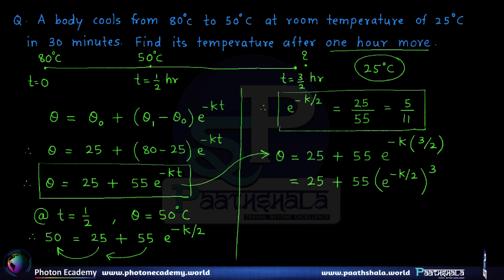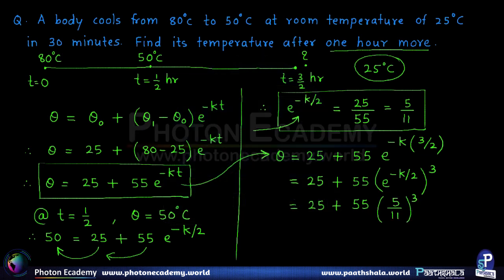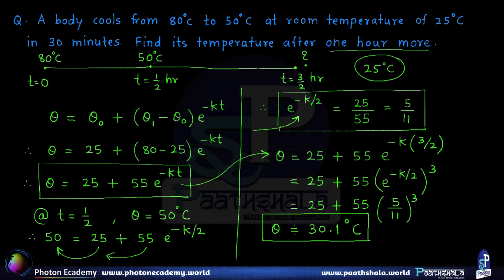This is because we already know the value of the expression e raised to minus k by 2. So on substituting that, we get 5/11 the whole cube. Now this is mere calculation. When we calculate this, we will get the final value to be approximately 30.1 degrees Celsius. So that's the answer to this particular question.